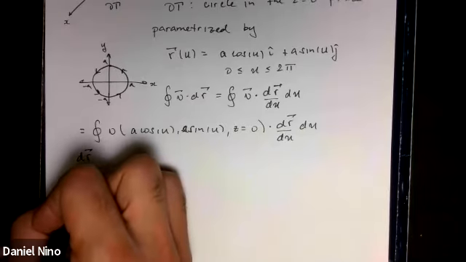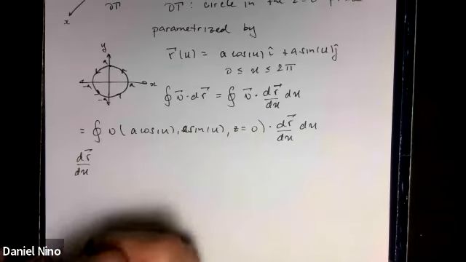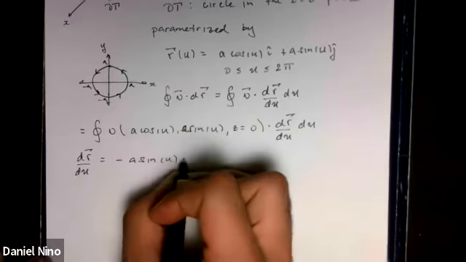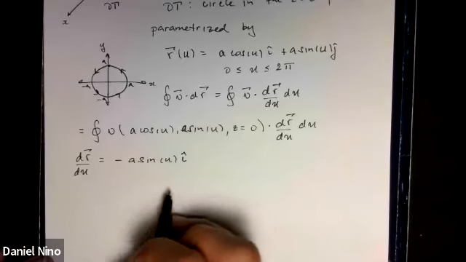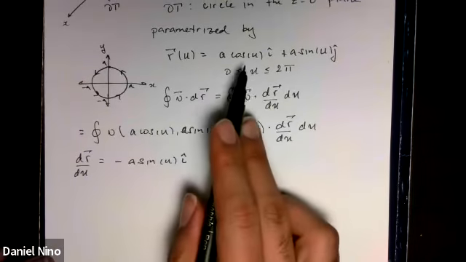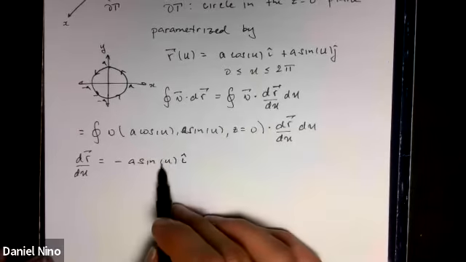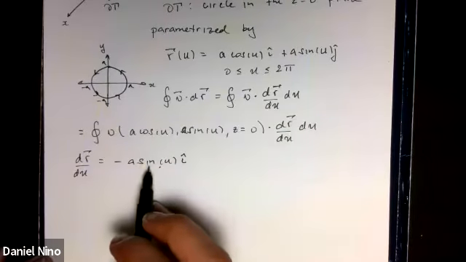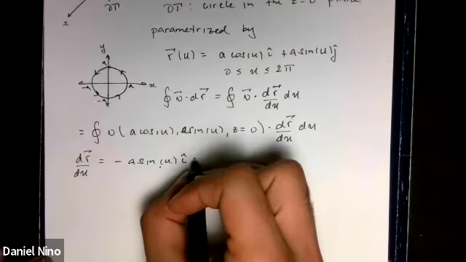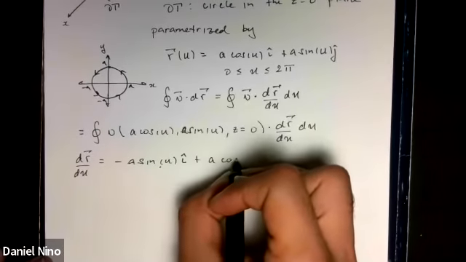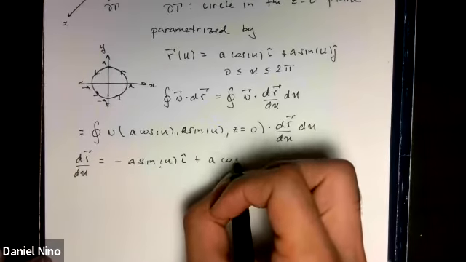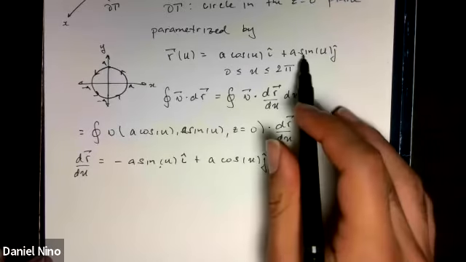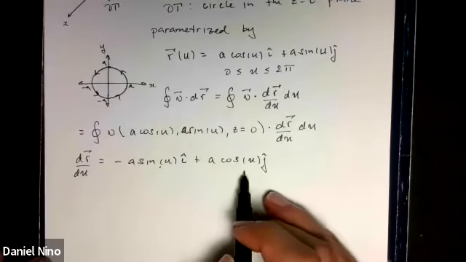We can calculate the derivative of our parametrization. This gives us a cosine u. The derivative of cosine is minus sine, so the derivative of a cos u is minus a sine u. And the derivative of a sine u is a cos u.